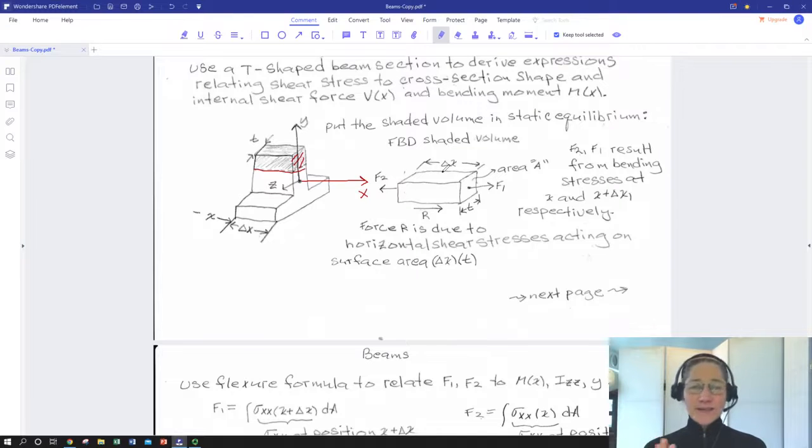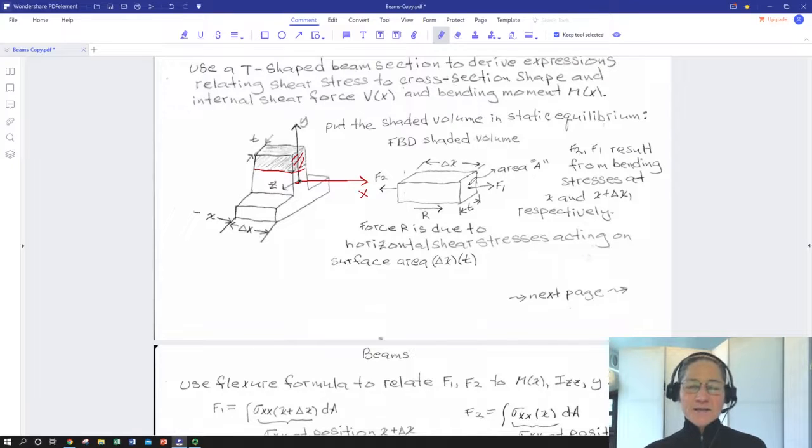So obviously the beam isn't accelerating, and this little shaded section that's on top of the beam is not accelerating relative to our coordinate axis center, which, by the way, I've arbitrarily decided to situate at the centroid of the whole T cross section. It's a convenient place, especially if I'm going to apply the flexure formula later on.